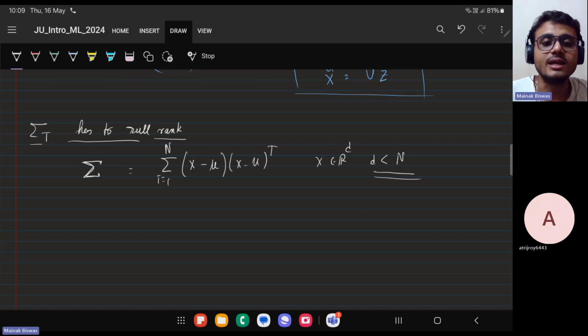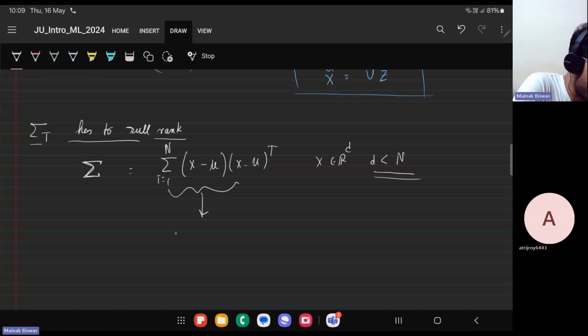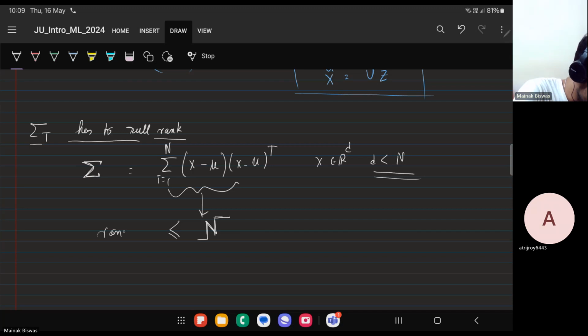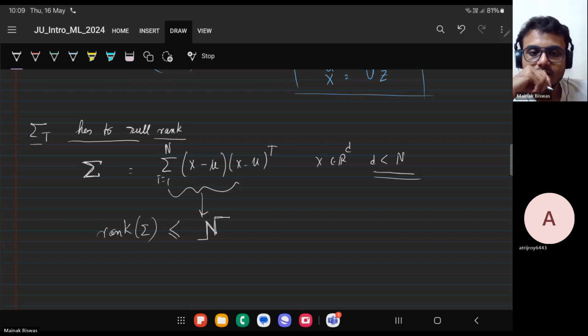Normally speaking, do you agree that again they are all rank 1 matrices? The rank of sigma would be less than or equal to n, right?